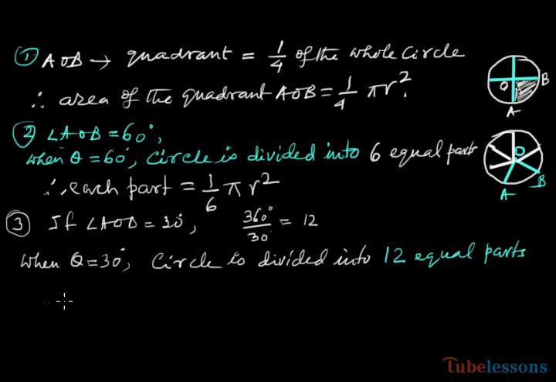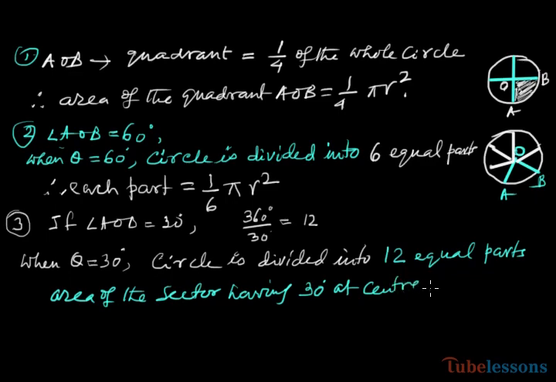So here the area of the sector having 30-degree angle at center is equals to 1/12 of the circle, that is 1/12 pi r square.